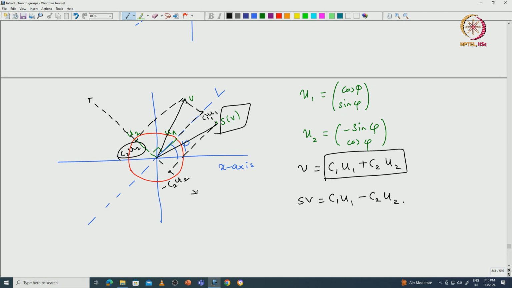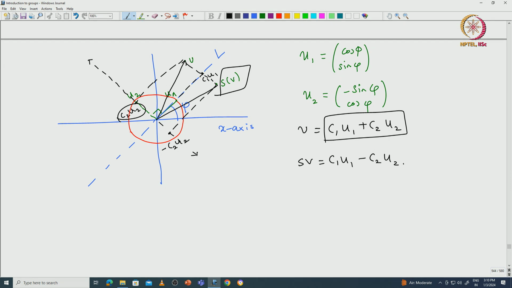Now, by writing this V very explicitly, you can see that V equals, maybe let me use blue, C1 U1 plus C2 U2. These are the two basis vectors that we are keeping.